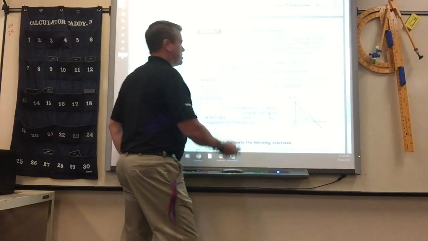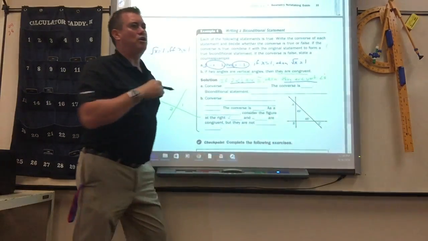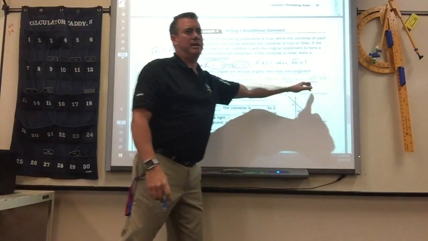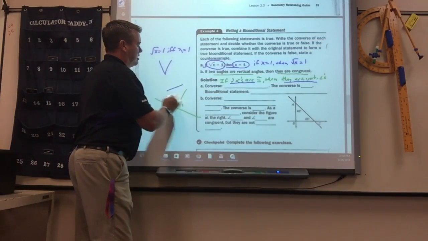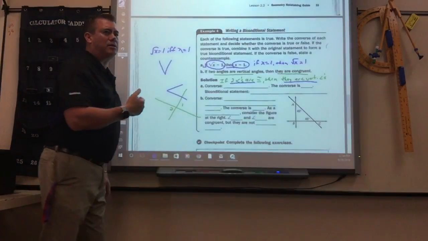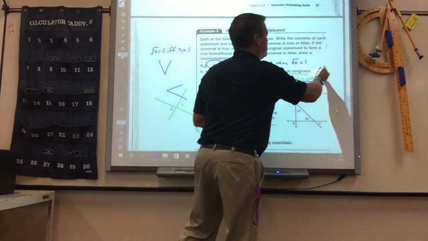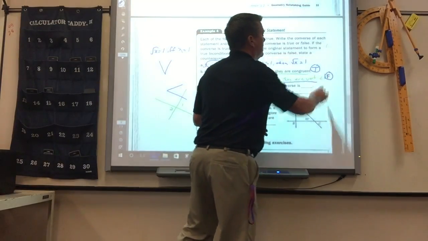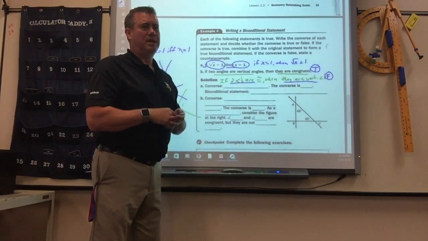There's the converse, I just switched it. Does that mean they're vertical angles? No, you could have an angle here and an angle here that are the same, but they're not vertical. So the converse is false. This one was true, this one is false. So what that means is you can't write a biconditional. Okay?